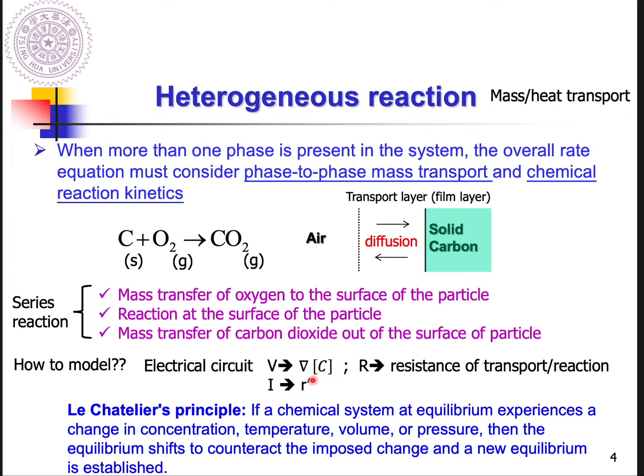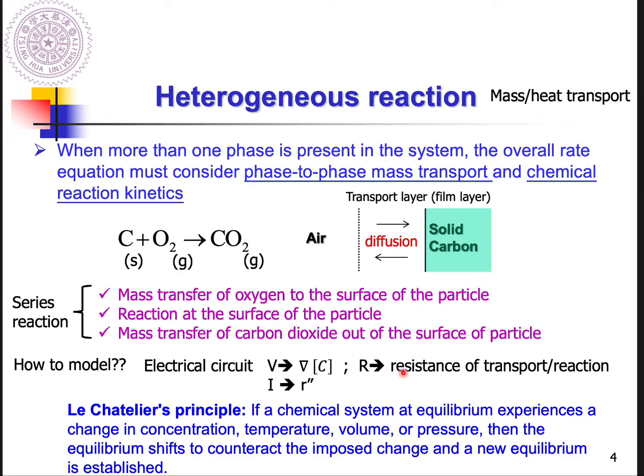So we use a double prime too. So it's per interfacial area. And the resistance here in the electrical circuit actually corresponds to the resistance of each electronic part. But here you can consider it as a transport resistance and a reaction resistance.